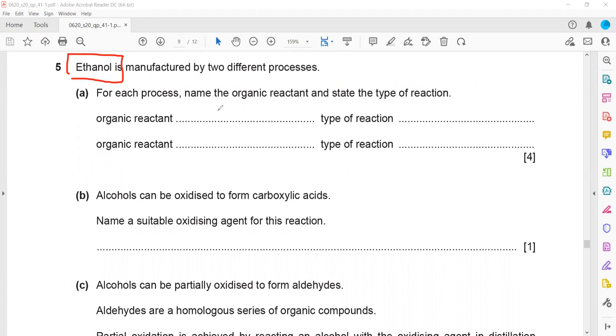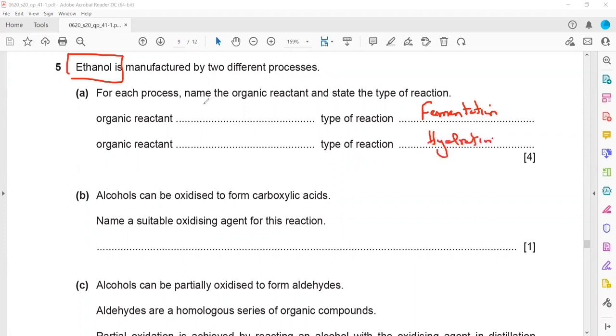The type of reaction in the first is fermentation, and the second reaction, addition of water, is called hydration.